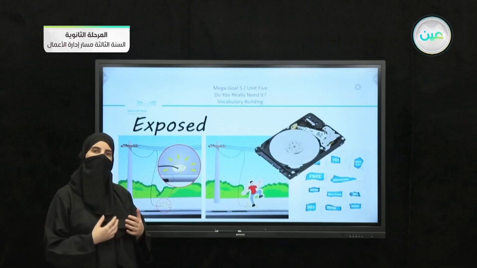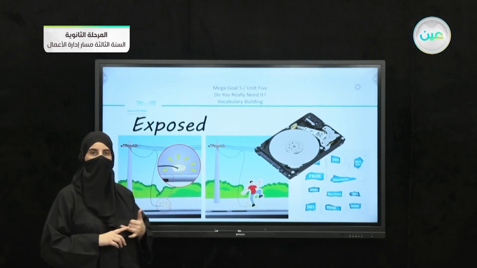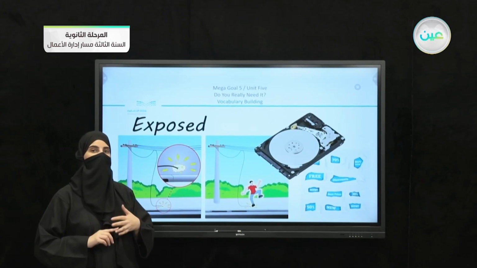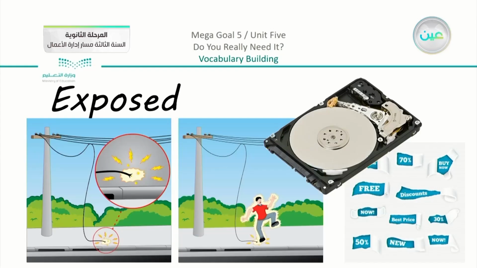So there is a threat that this device will be damaged or a person might be hurt. But that's not always the case, because sometimes you have something like this. We have some advertisements. We can just tear the paper to see what is the advertisement that we have under it, which doesn't have any kind of danger in it.